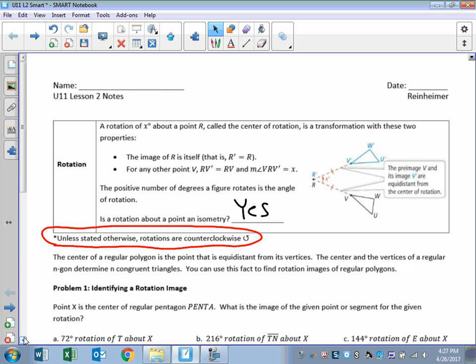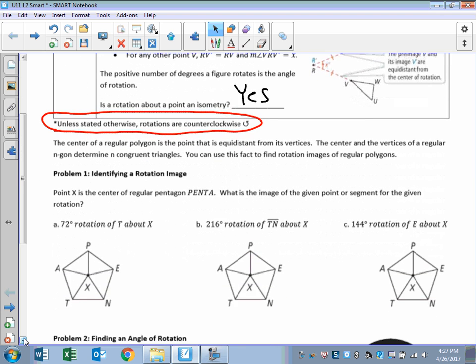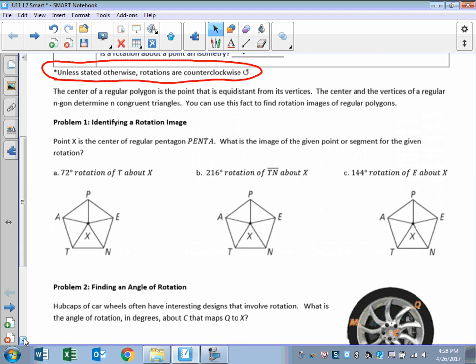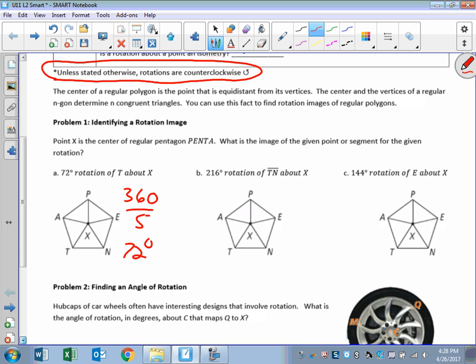So that's just a fancy way of saying if you have a regular shape, like a regular pentagon, and you want to figure out how far one point is from another, you know, to go around in a complete circle, we need 360 degrees. How many triangles is it, or how many sides does this shape have? It's 5. That's how you figure out how many degrees it takes to get from one point to the next.